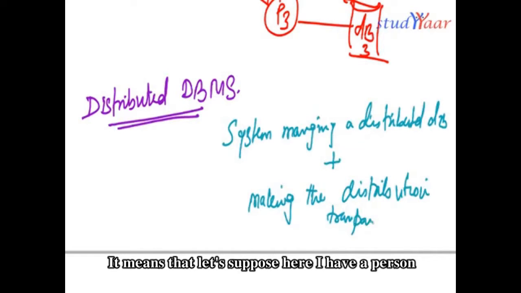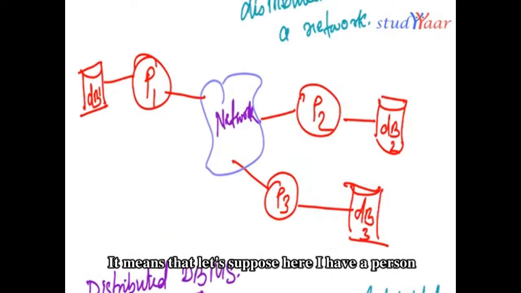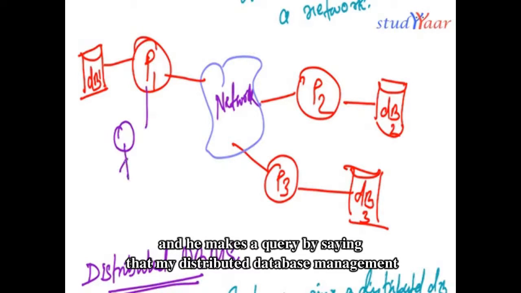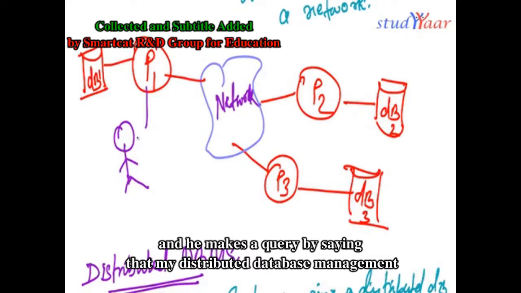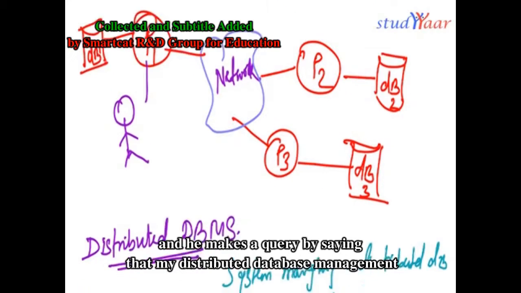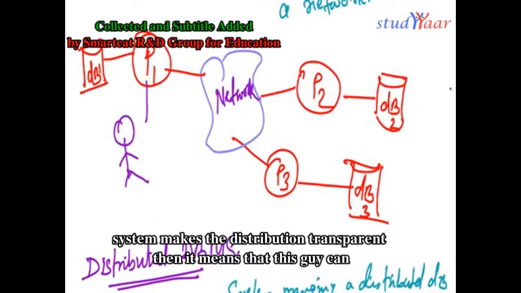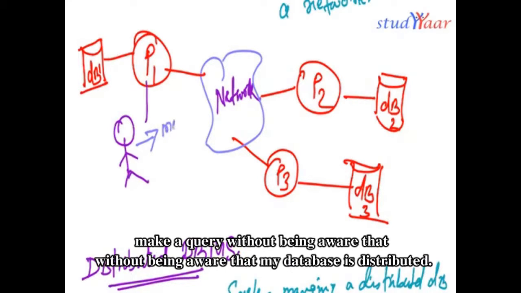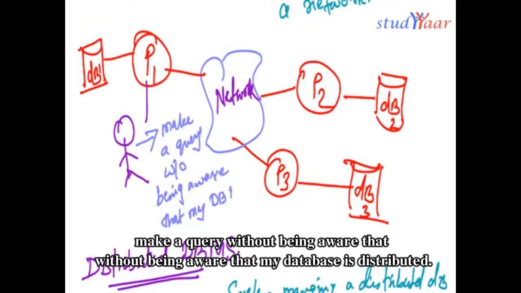It means that, let's suppose here I have a person, and he makes a query. Since my distributed database management system makes the distribution transparent, this person can make a query without being aware that my database is distributed.